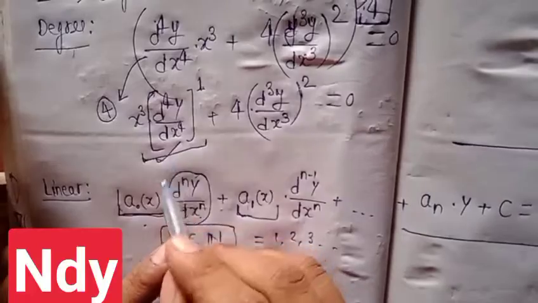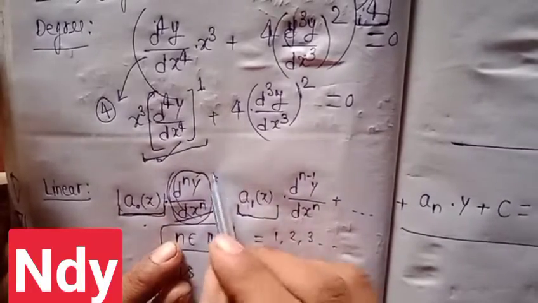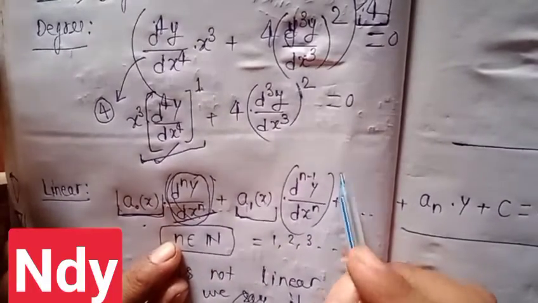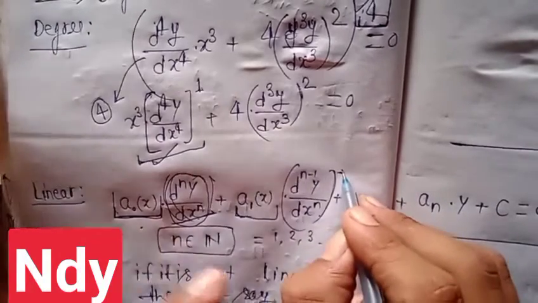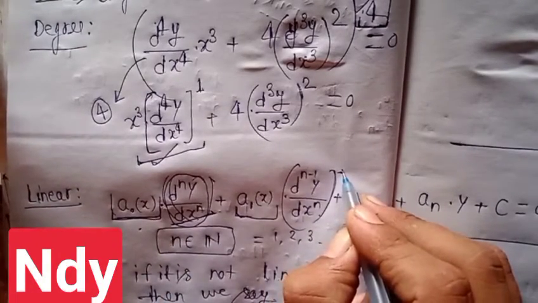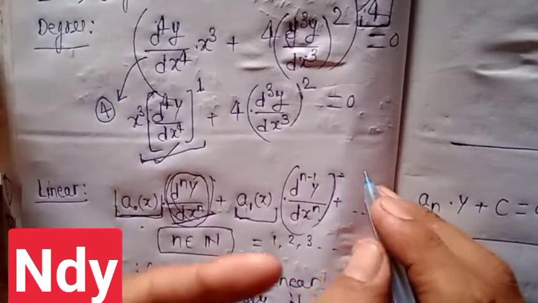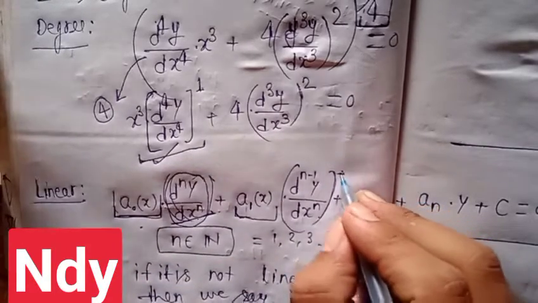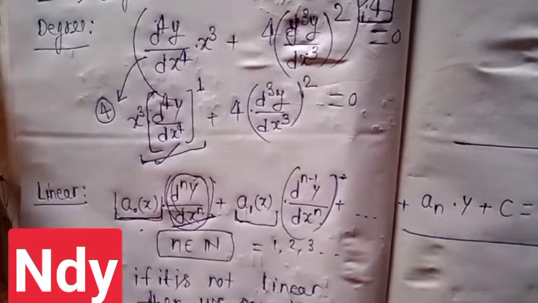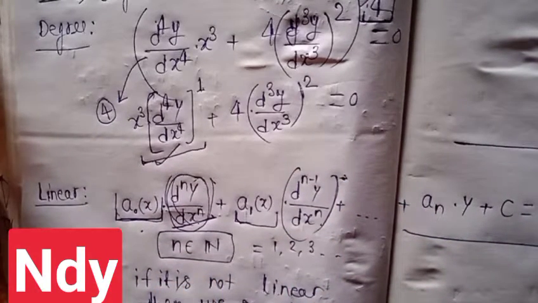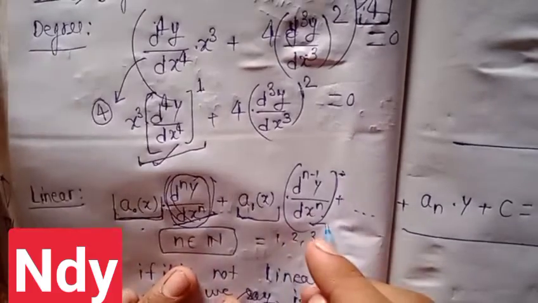There is no power involved at any differential coefficient or the dependent variable. If there is a power other than 0 and 1, then the differential equation is not in this form. This means it is not linear.